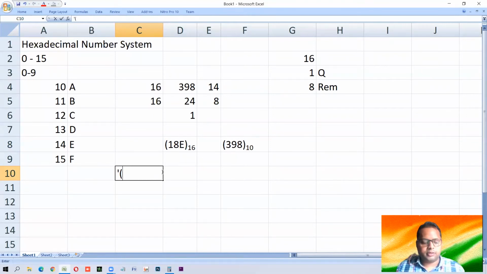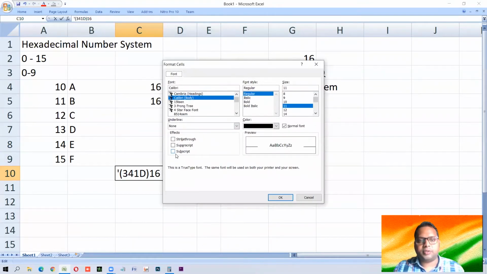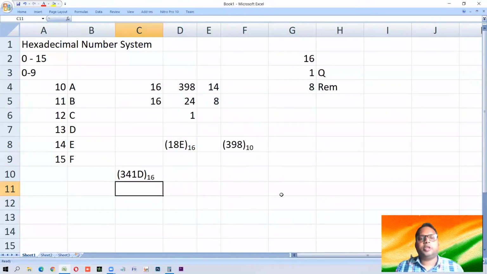Then write a number like 3, 4, 1, and then D. D is for 13, then a bracket, and write 16 as the subscript. Then press F2 on the keyboard, select it using Shift plus arrow key, press Control 1, select subscript or superscript, and press enter. So this is how we can write it in Excel.